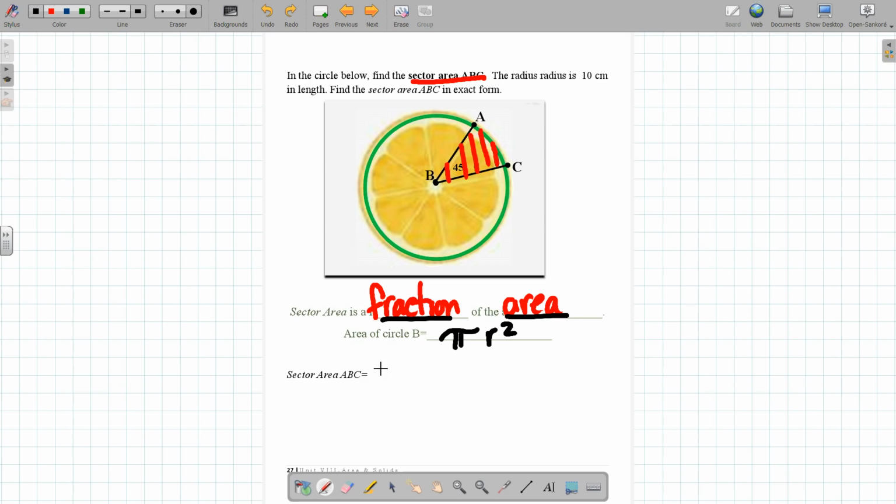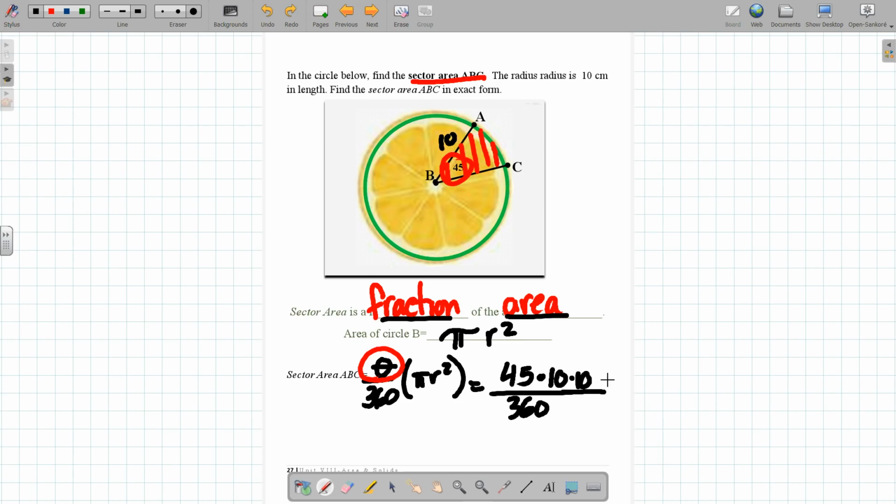So to find that sector area, that's theta over 360 times pi r squared. Circle plug chug. My theta is going to be 45. 45 over 360. My radius is 10, so I'm going to go 10 times 10, and then I have pi.